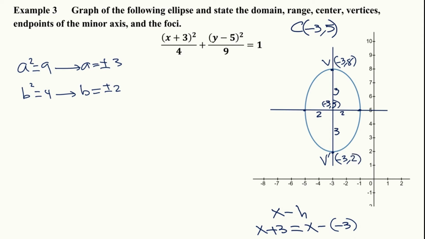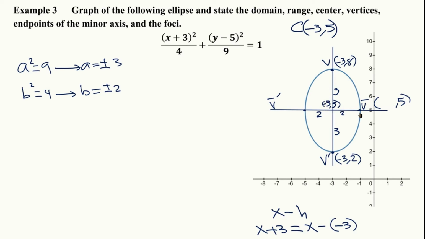Now, for the covertices, which we've been referring to as v bar and v prime bar, I mean, v bar prime, I should say. You realize that it's going to be at the same y value. So this time, the y value doesn't change. For the x value, we take the -3 here and add 2 to it for this one.